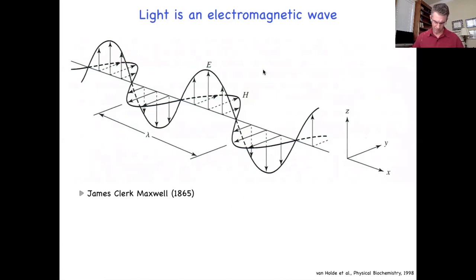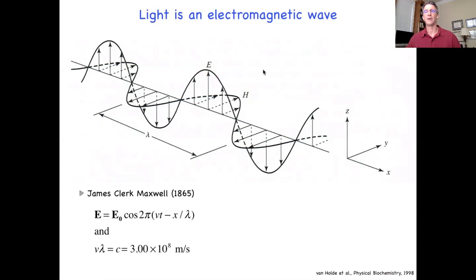He showed that the electric field magnitude in a beam of light oscillates in a characteristic way, a simple cosine function related to the peak magnitude of that electric field vector, and then the cosine of a function related to the frequency and the wavelength of light, which are then connected by the speed of light, right?